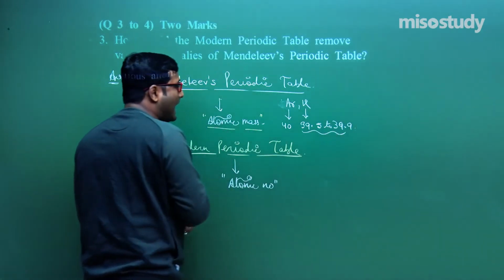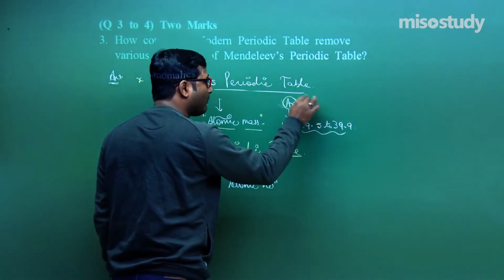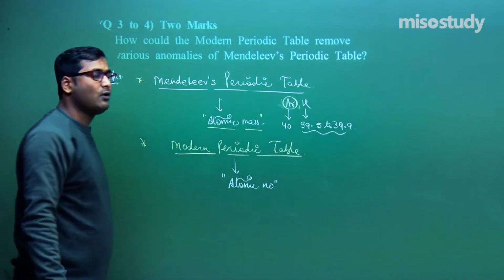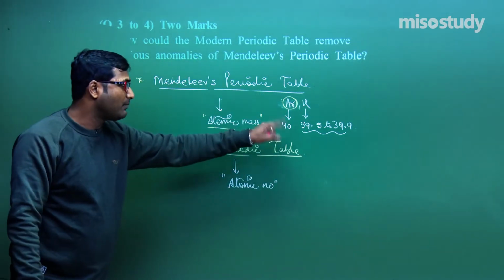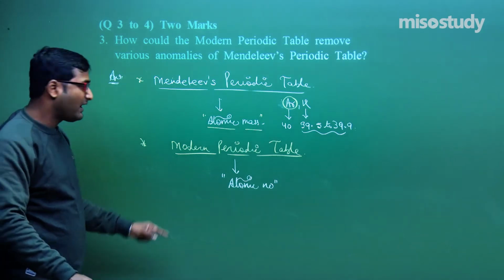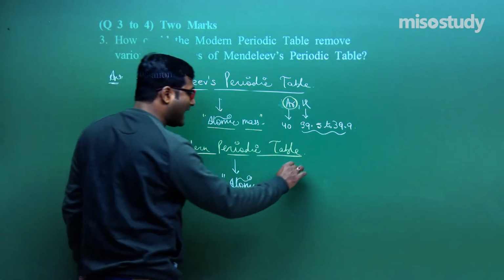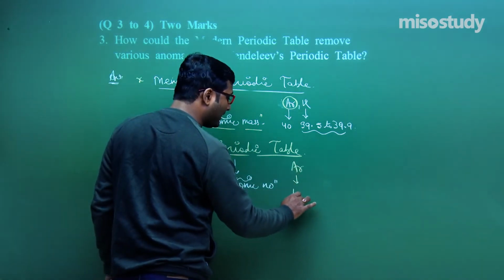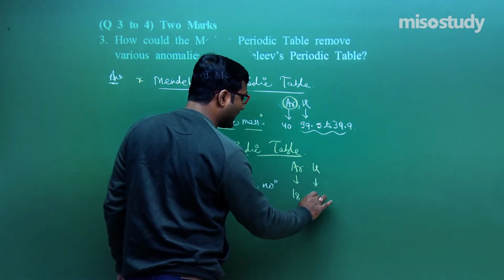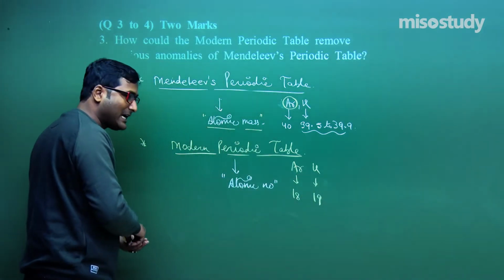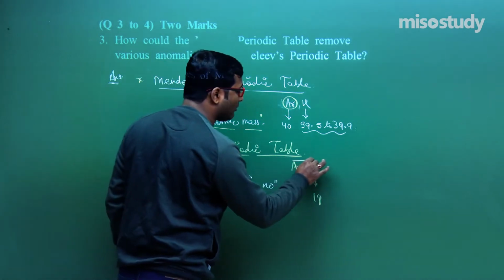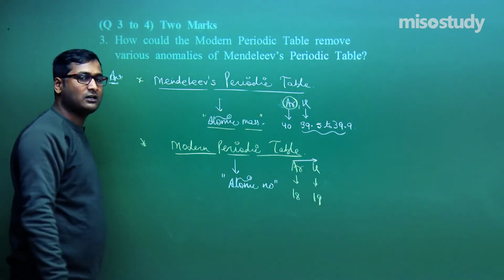So argon should be placed after potassium, but argon comes before potassium. This problem was completely nullified by the modern periodic table, because argon has atomic number 18 and potassium has atomic number 19, and he arranged the periodic table in increasing order of atomic number, not mass.